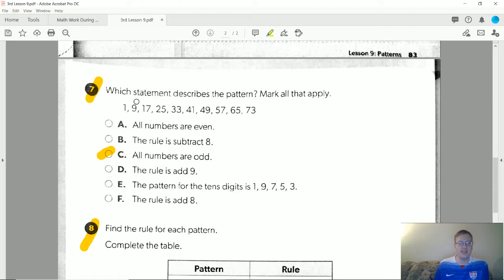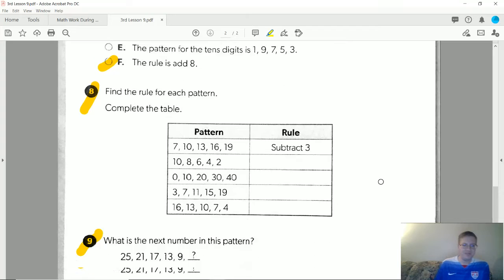So 1 plus 8 would get us to 9, 9 plus 8 would get us to 17. The pattern for the ones place would be this: we would go from 1 to 9 to 7 to 5 to 3, and then it repeats. But that's not in the tens place, that's in the ones place. So we're only going to pick letter C and letter F for that.